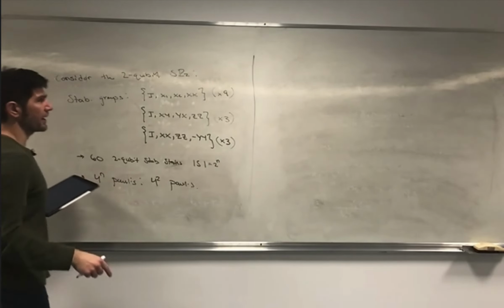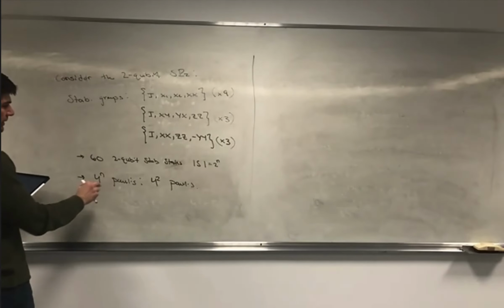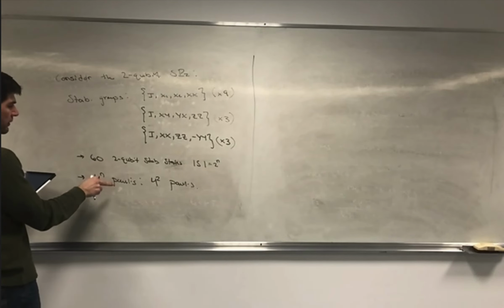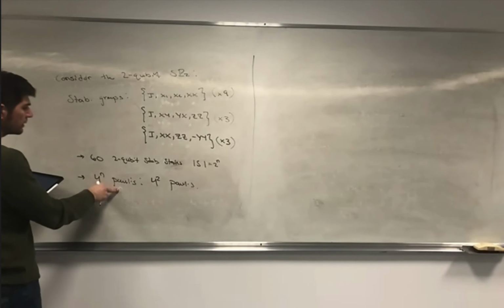So we can write any density matrix in terms of these Paulis. The Pauli operators form a basis, but the thing is, we want density matrices to be trace 1.